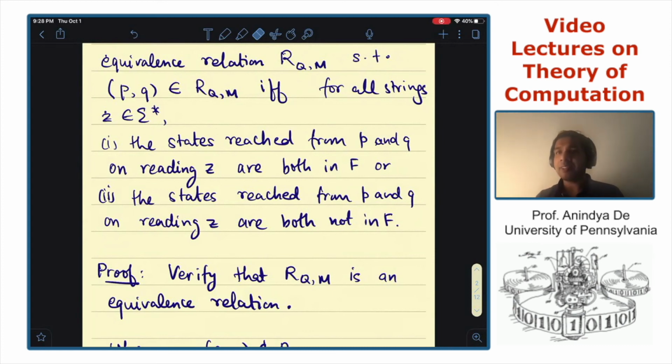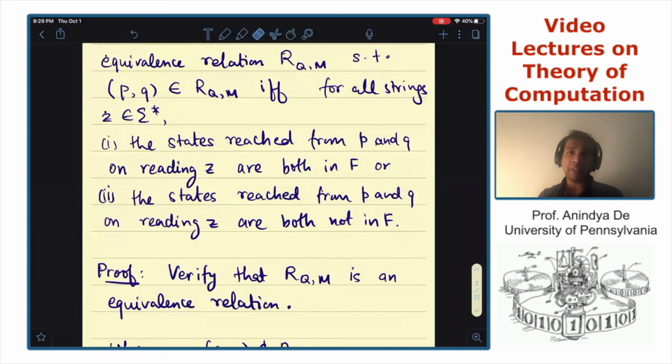This implies that if you read a string z, then from both p and r you either reach an accepting state or a rejecting state, implying that (p, r) is also in R_{Q,M}. So this relation is easily verified to be an equivalence relation. And again, the proof was trivial, basically by definition, as have been all the proofs of equivalence relations we've seen so far.